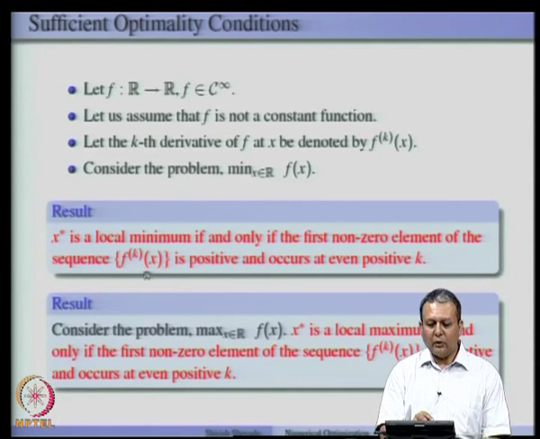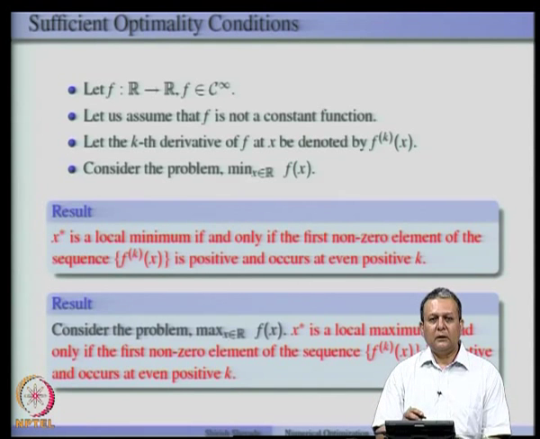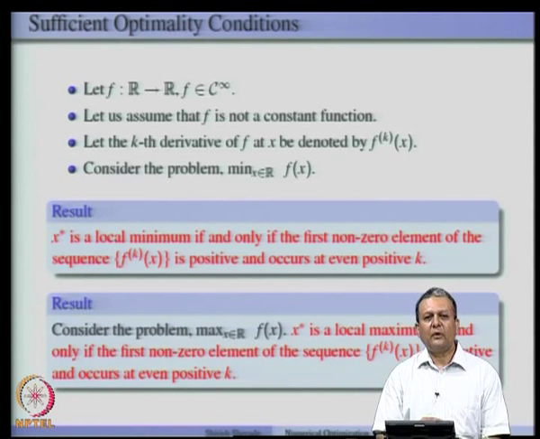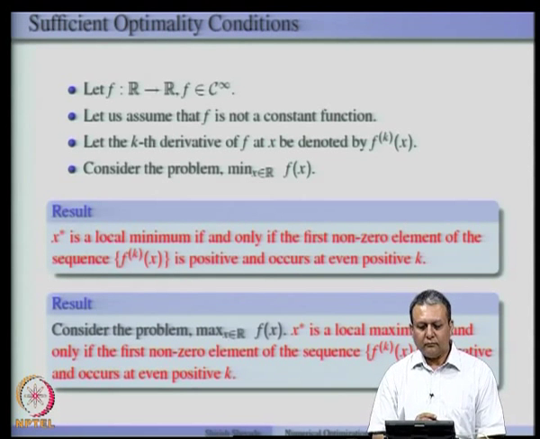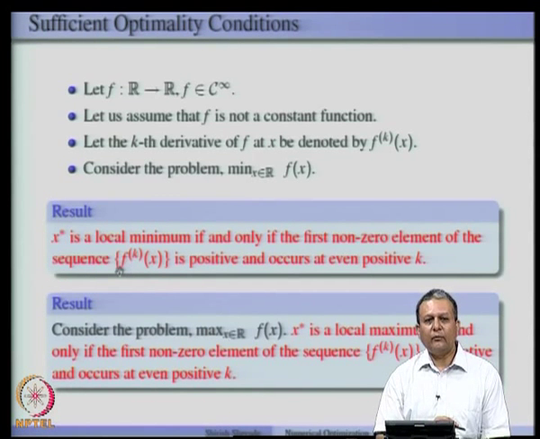So, this is a very important result which says that if you start taking the derivatives of the function from the first derivative, second derivative and so on, and consider that sequence of derivatives of function f at x star, the first non-zero element is positive and occurs at even positive k. So, that is very important.